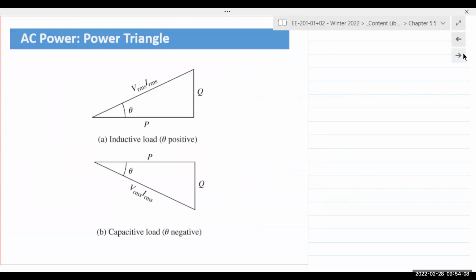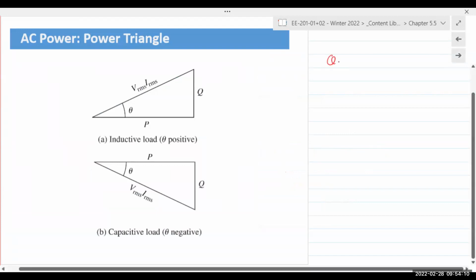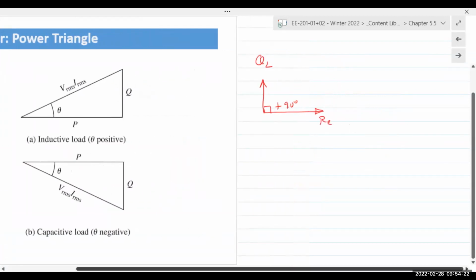For an inductive load, the reactive power QL has a plus 90 degree phase angle with the real axis. And QC, this is the positive imaginary axis, negative imaginary axis, and real axis, and this would be minus 90.